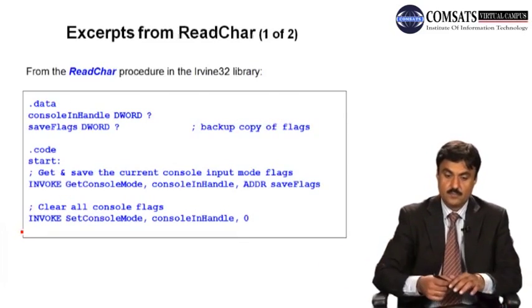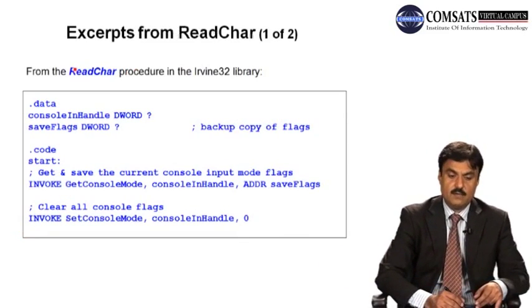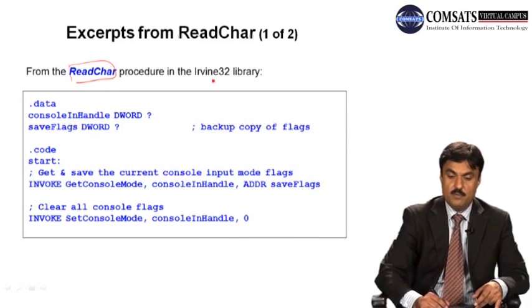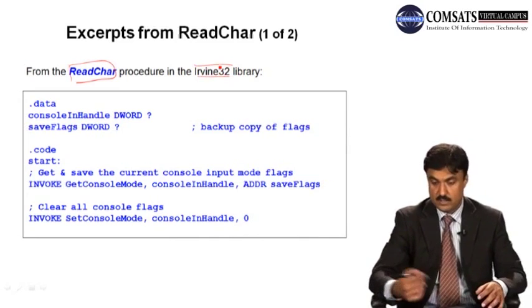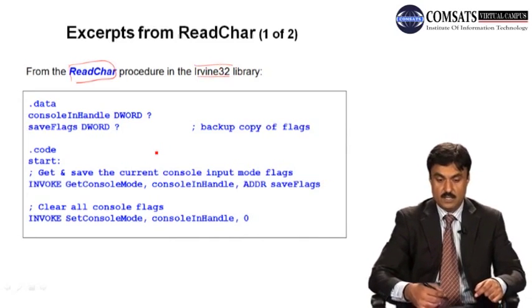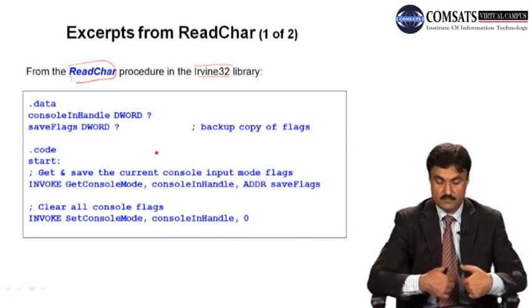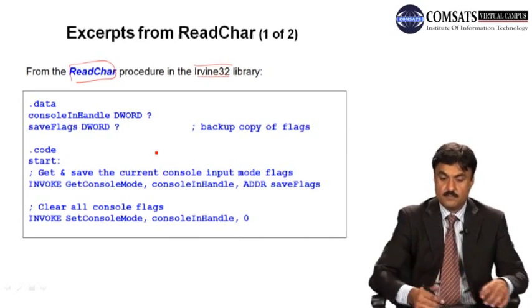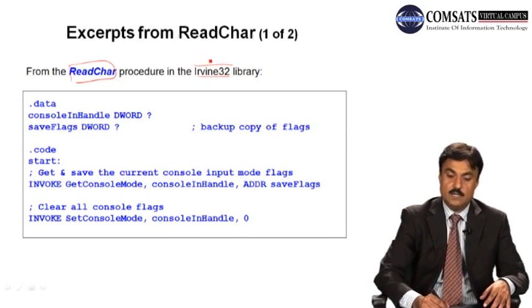There is one read character function which is already defined in the Irvine32 library, from the reference book that you will see at the end of this presentation, so it has its own library of functions.